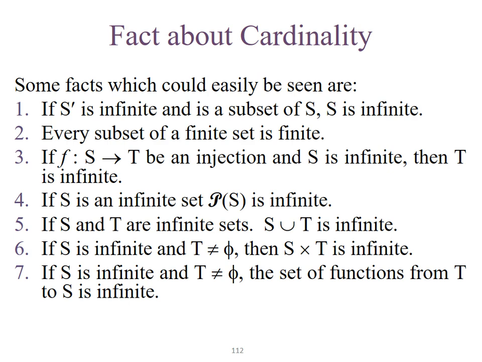If you have only two elements A, B in the set S, then the power set will be the empty set, the set containing A, the set containing B, and the set containing A and B. So you will have four elements within the power set P(S). So you can see when S is already infinite, the power set will also be infinite.